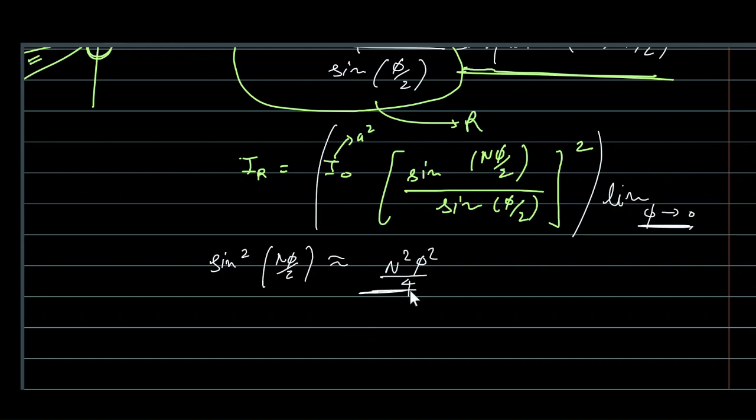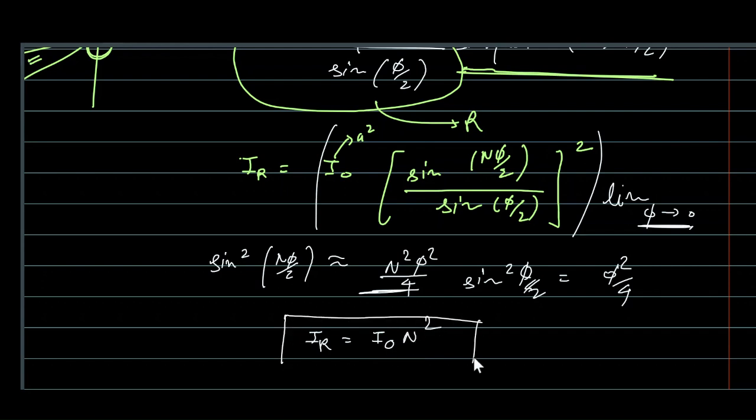And sine square phi over 2 can also be approximated as phi square over 4, and upon further simplification we'll get IR as I naught times n squared. This is the maximum intensity, which is at the center of the screen.